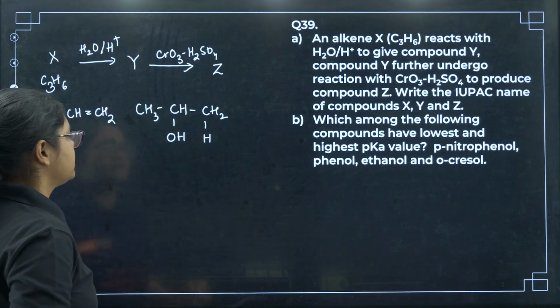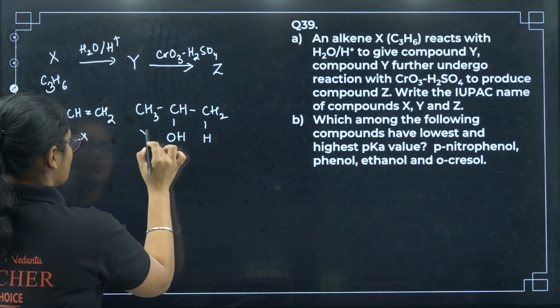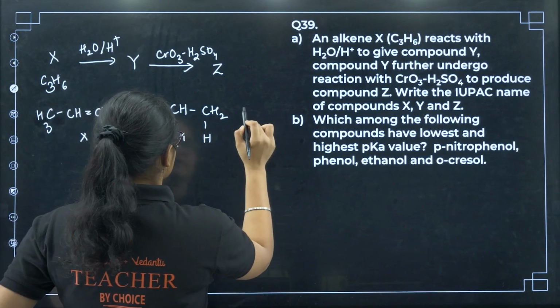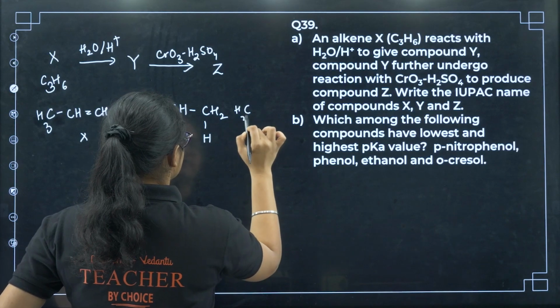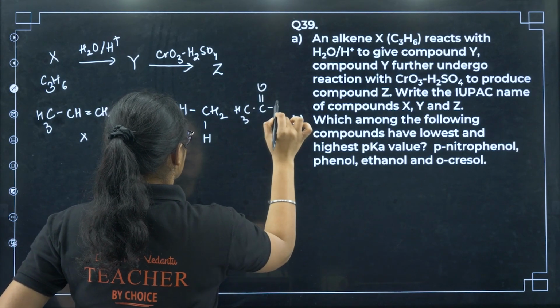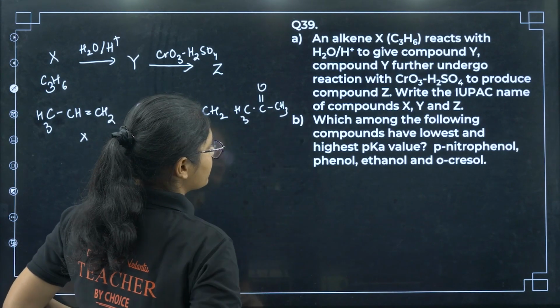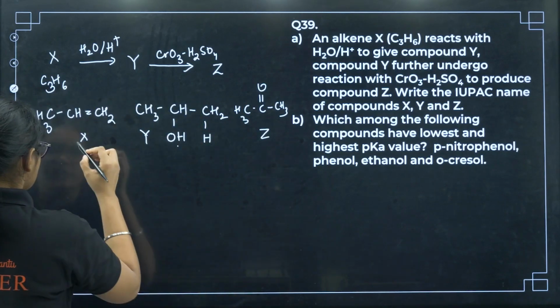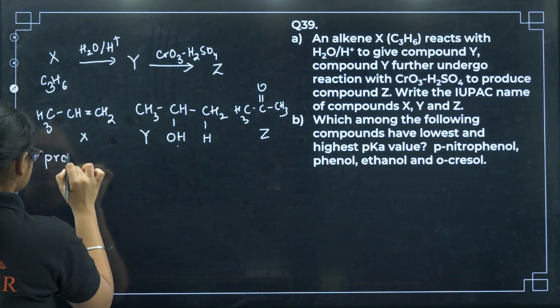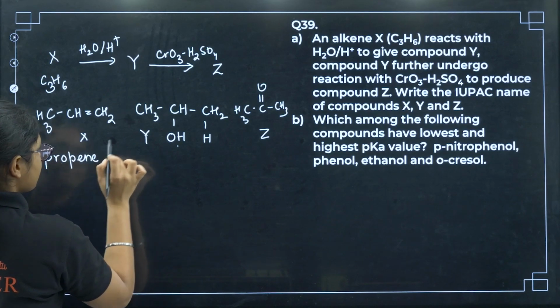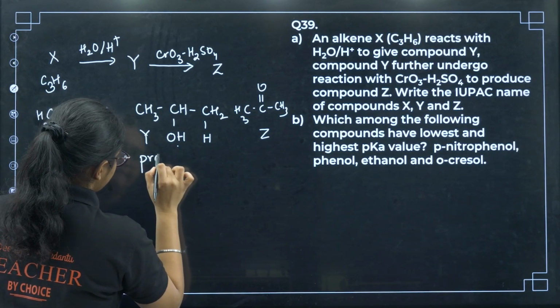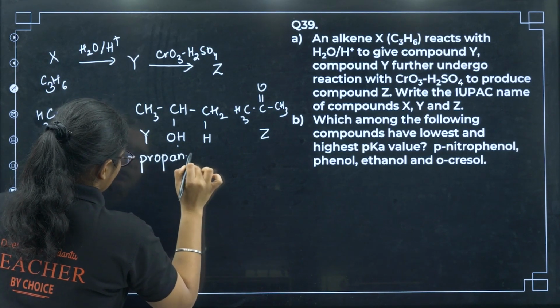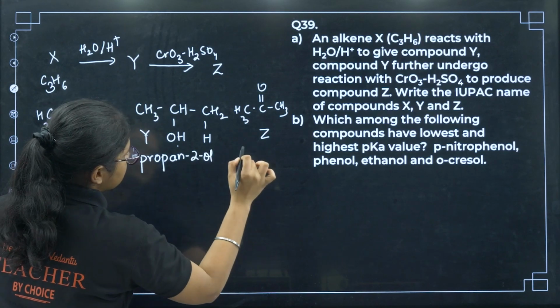With CrO3 H2SO4, this is your X and this is Y. Next, this one will undergo oxidation and will give CH3, CO and CH3. So this is Z. You also have to write the IUPAC names. So this is propene. This is propan-2-ol. And this is propanone.